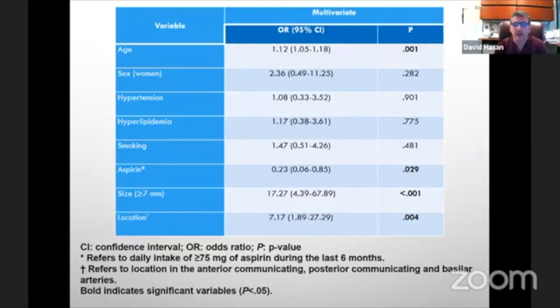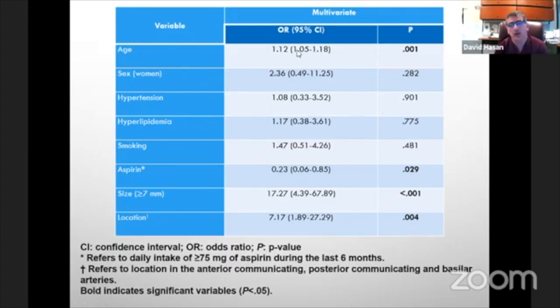And we found, using multivariate analysis, that if you take aspirin, then aspirin decreases the signal intensity in the aneurysm wall. Size: if you have greater than 7 millimeter, it increases signal intensity. The location, typical of the ISUIA and the UCAS study, showed that the posterior fossa circulation can increase the aneurysm ratio.